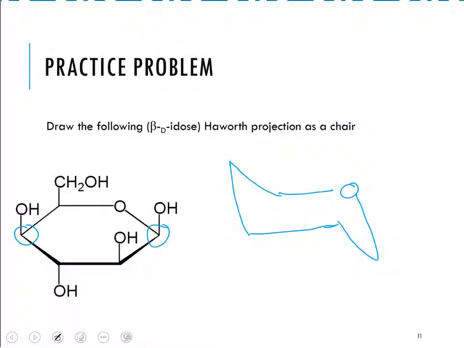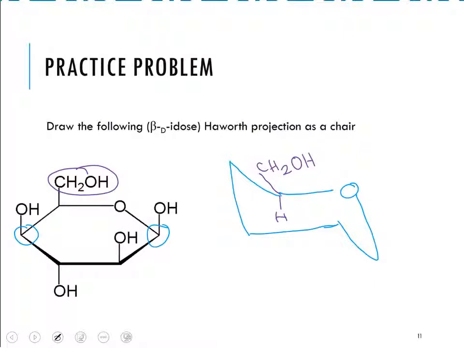That'll work. It's not the prettiest, that's for sure, but it'll work. Okay, so we're going to draw this group equatorial. Sometimes it helps to draw in the axials. So I'm going to draw in my hydrogen axial, and then I'll draw in my CH2OH equatorial.